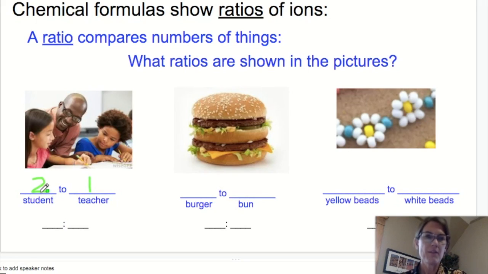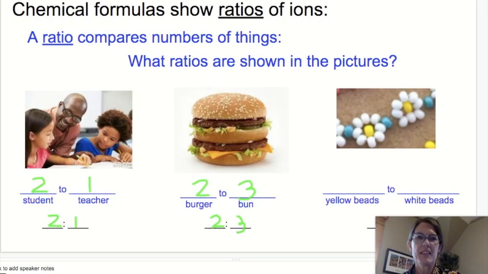So we often say for ratios, we use the language 2 to 1. 2 students to 1 teacher. In the Big Mac, we see burger to bun. Burger is the meat part, 1, 2, and the buns, 1, 2, 3. So there's 2 burgers to 3 buns. So that's a ratio of 2 to 3.